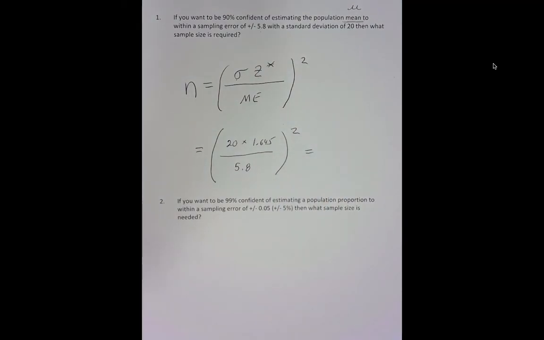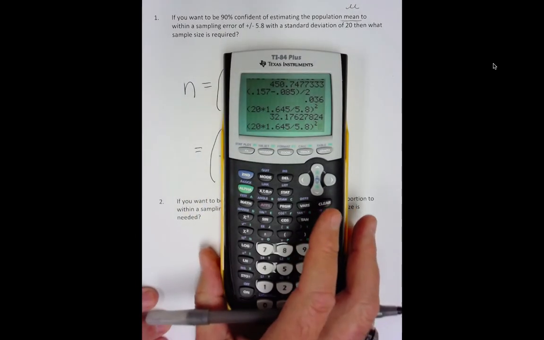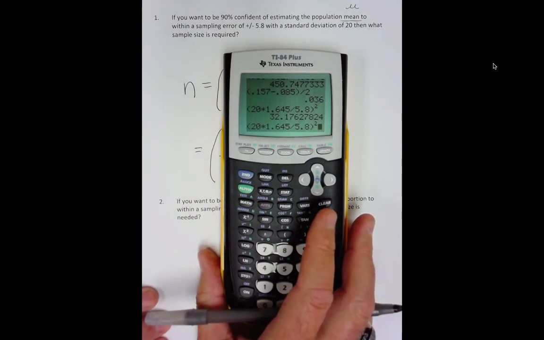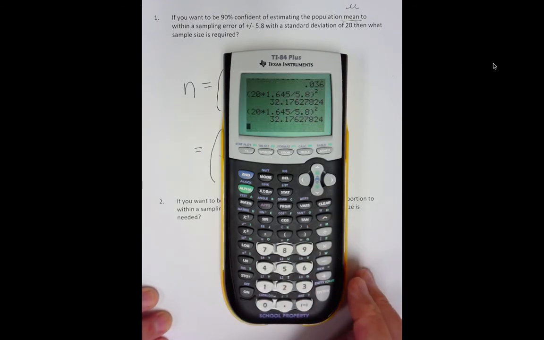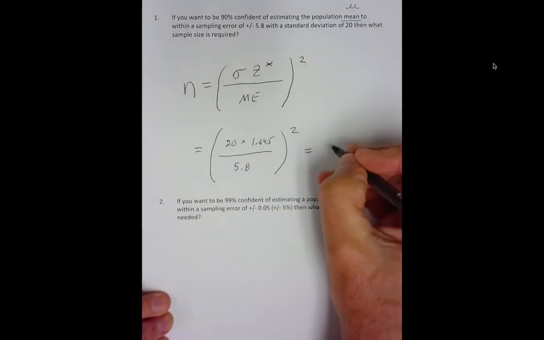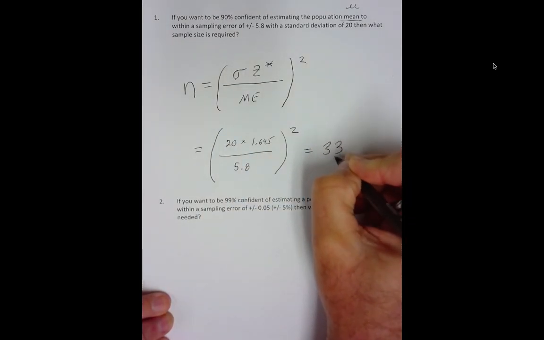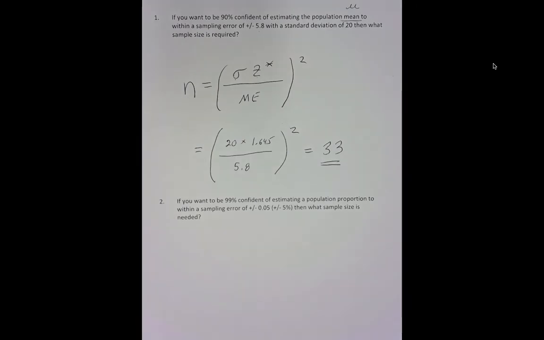What I get is left parentheses 20 times 1.645 divided by 5.8, quantity squared. Well, I'll show you what I did. And I get 33 as my sample size.